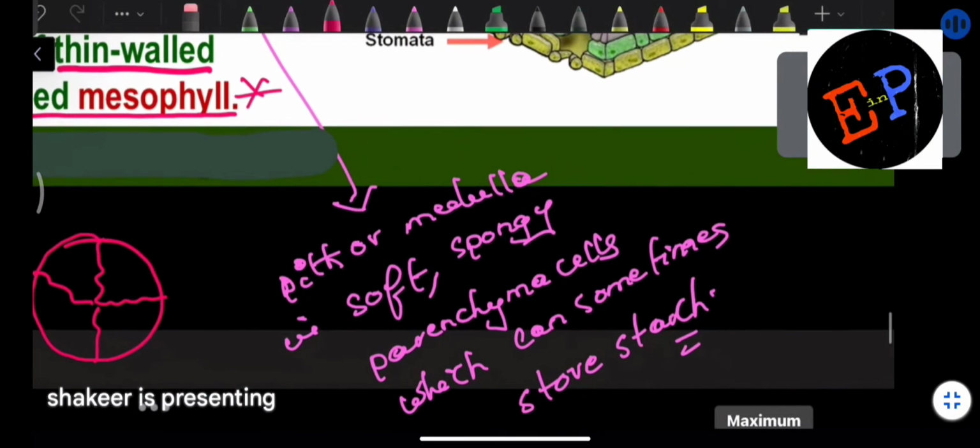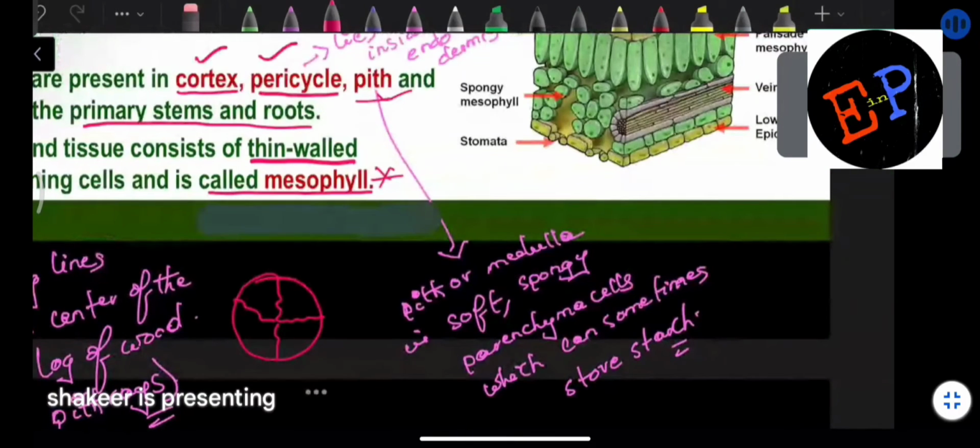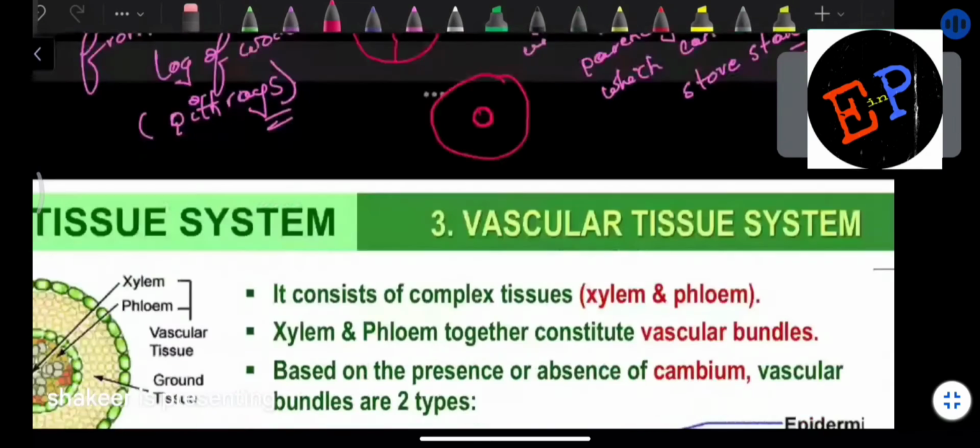Until you observe very carefully, you cannot observe this pith. So at the center of the stem, this region is called pith. It is very soft, it is spongy, made up of parenchymatous cells, and sometimes it will store energy, it will store starch also. Clear? So this is the function of the pith.